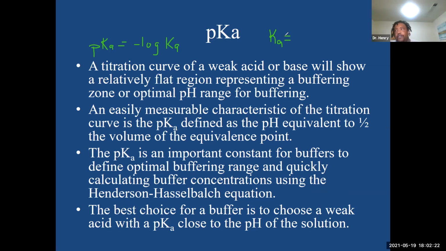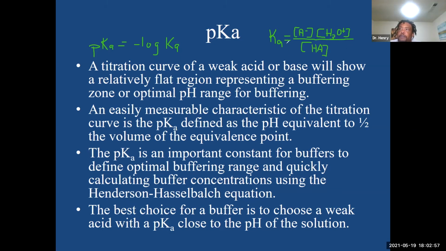If we had a generic acid, it's going to be the concentration of the conjugate acid times the hydronium ion over the base. Okay, let me rephrase that. We have the conjugate base times the hydronium ion over the acid.